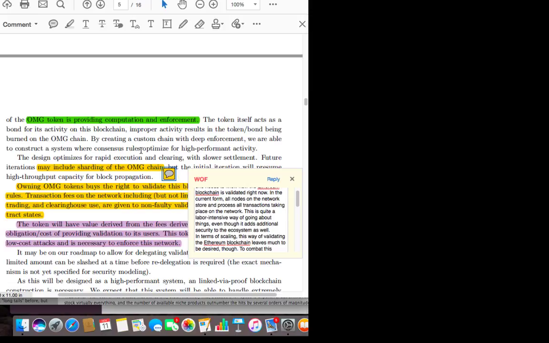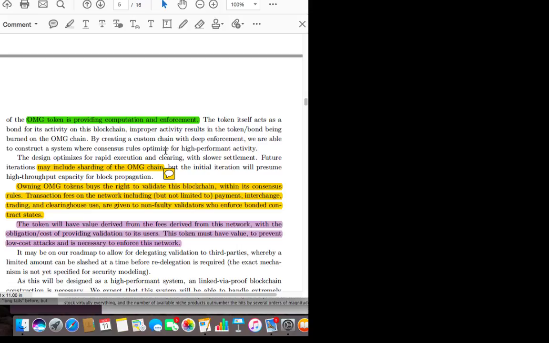So by sharding, it's basically taking a small subset of the network nodes and validating every single transaction. But it frees up the others to basically complete more of the subset transactions, is how I interpret that. And if anybody's on that can clarify that, please let me know. But it's a way to basically speed up and provide the high throughput capacity for the block propagation.